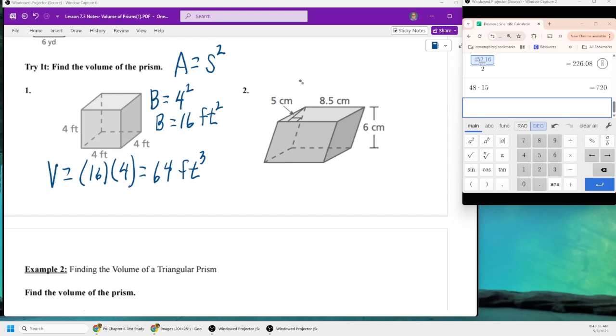Whenever you're going to find the area of this shape, use the 5 and the 8.5 to find the area of the parallelogram at the bottom. Since this is a parallelogram, the area is the base times the height. So that's how you find the area of the parallelogram.